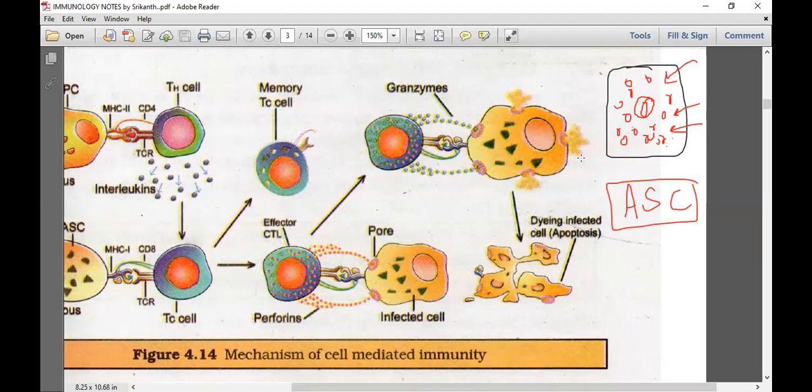Then the altered cell collects some of the microbe, and the microbial fragments are presented on the surface on the MHC class 1 molecule. That means giving information to the T cytotoxic cell. They come and make holes on our own body cell, because that is the infected cell now.